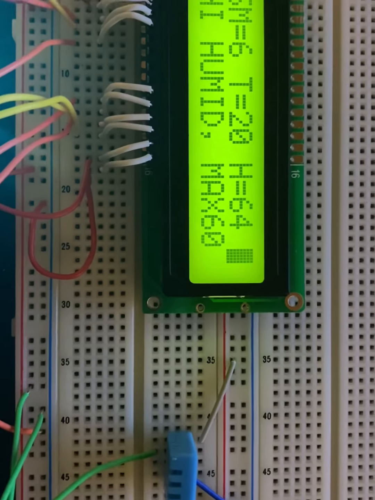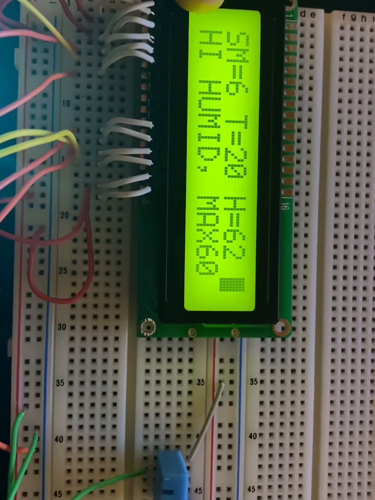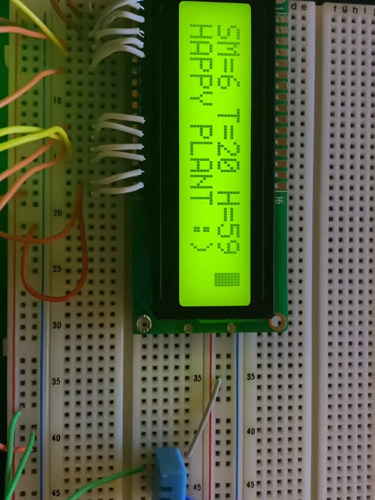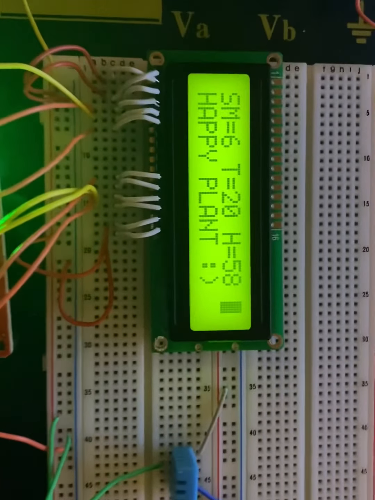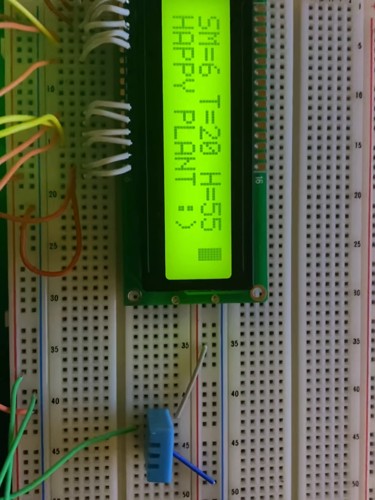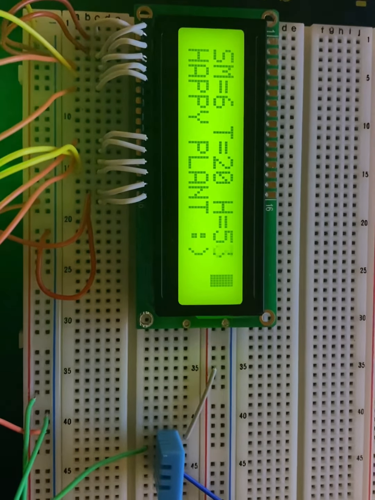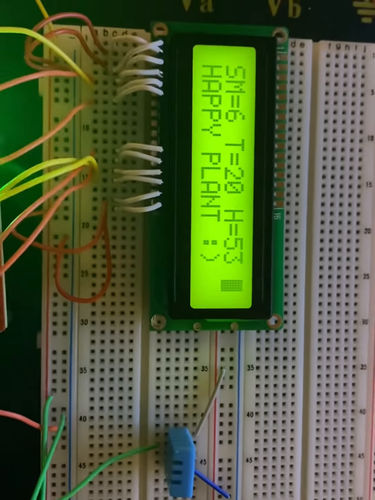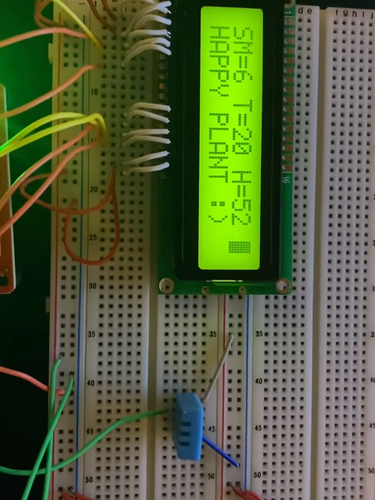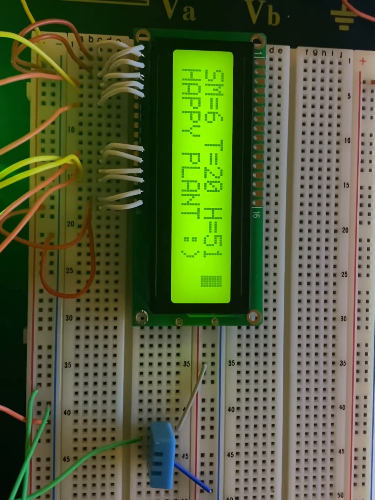And here you could see how the suggestion changes to high humidity, and it recommends that you return it back to below 60% humidity. And that's because the plant's ideal humidity range is from 40% to 60%. If I were able to somehow lower this humidity environment to below 40%, it would show the opposite.